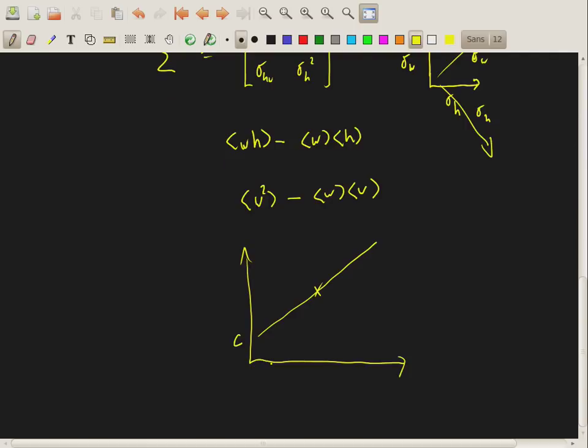So if the offset is below that point, the gradient will be positive. However, if the offset was up here, so that's case 1, case 2, now the gradient must be negative. That's a correlation, or it's actually an anti-correlation. Because as we move the offset up, the gradient's gone down.